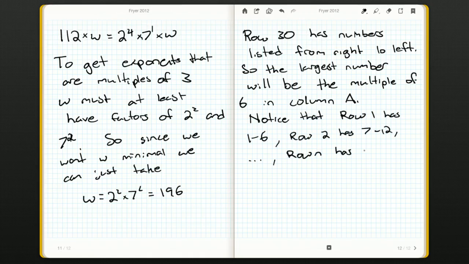Row n goes from 6n minus 5 all the way up to 6n.